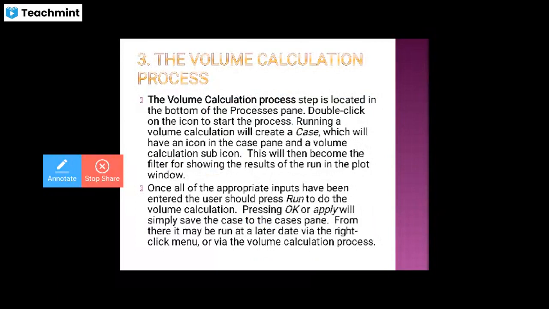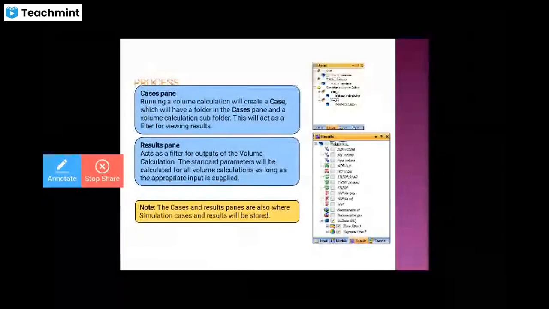Then once all of your properties or inputs have been entered, you should press the run button to do the volume calculation. Press OK, or apply will simply save all the cases to the cases pane. This can be run at a particular date or from the click menu or using the volume calculation process.